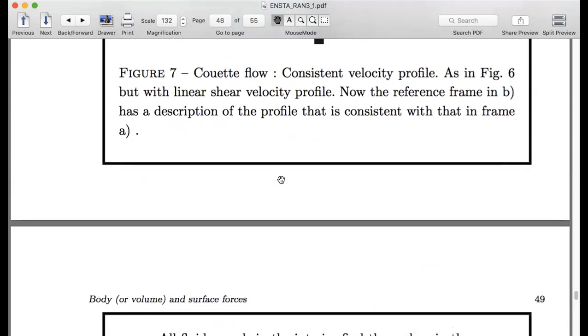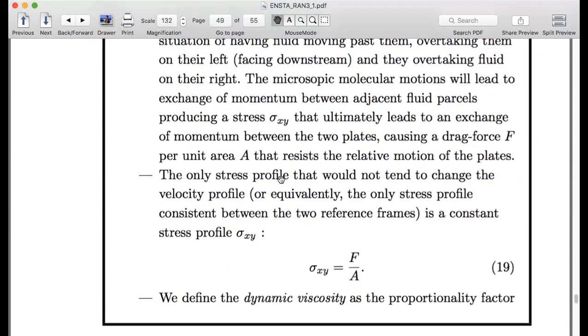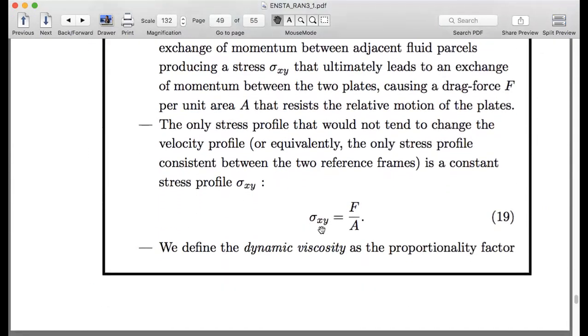The upper plate is trying to drag the lower plate along with it. So we anticipate a force in the x direction for that surface with a normal in the y direction. So that's the sigma xy term in the stress tensor.